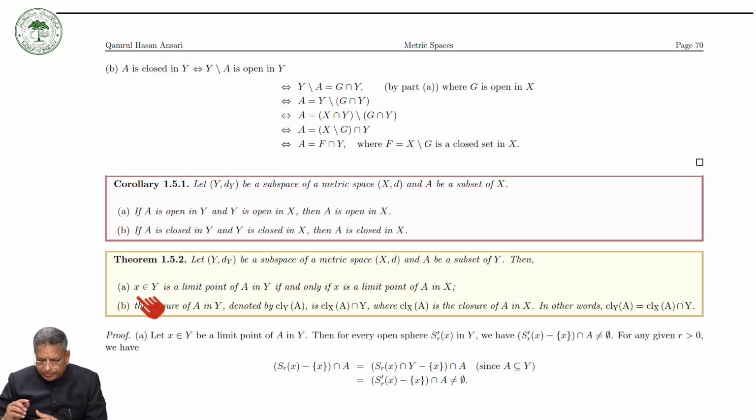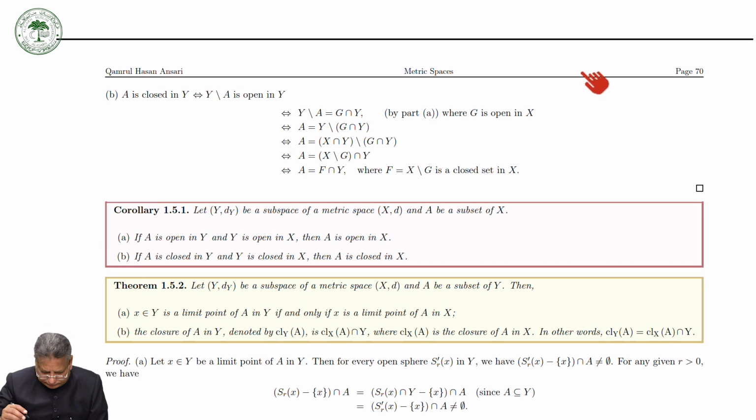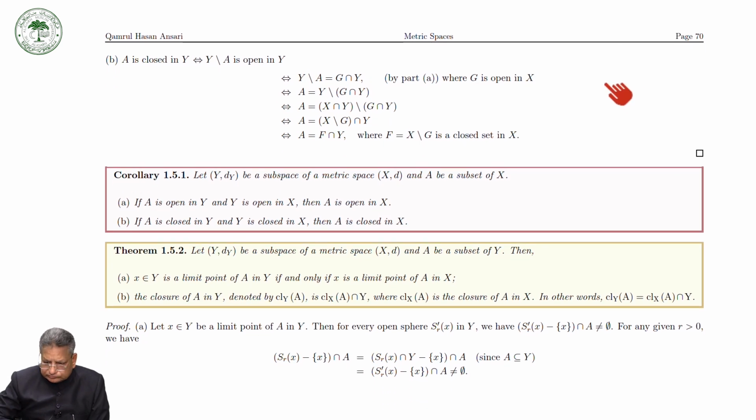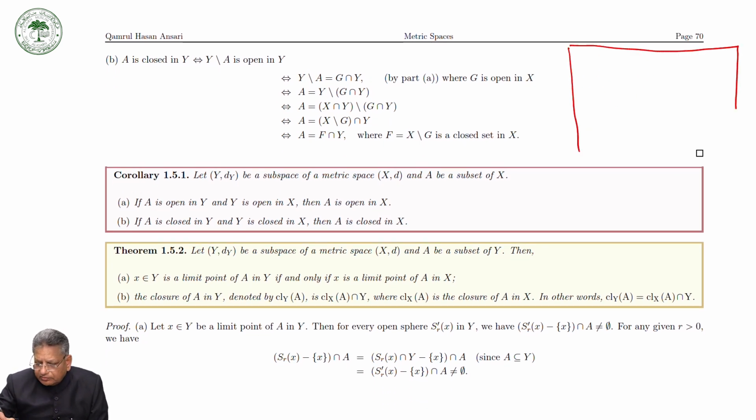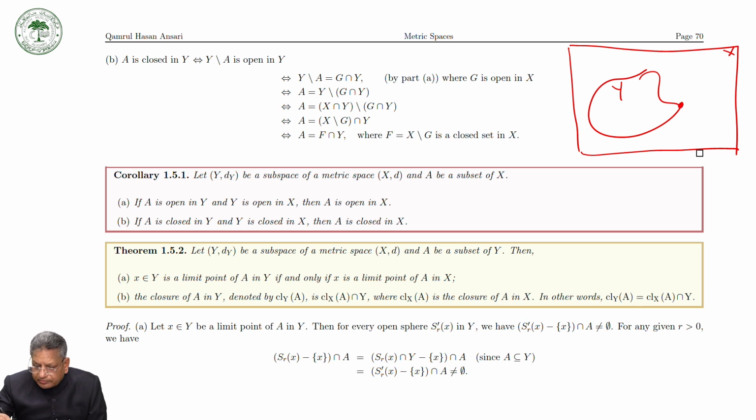So for example, suppose this is your set X, this is your Y, and this is your A, and here you have a point x.